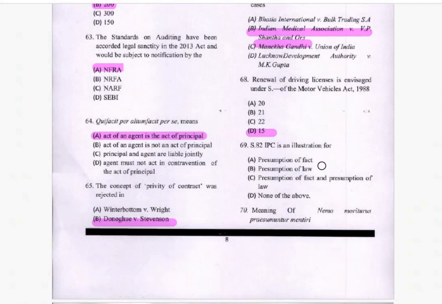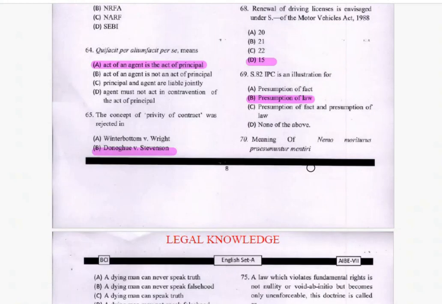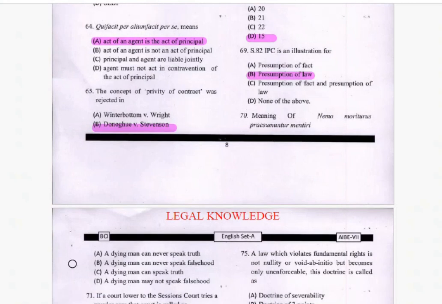Section 82 is an illustration of presumption of law. Meaning of nemo moriturus praesumitur mentiri. Pardon my pronunciation. The answer for 70 is a dying man may not speak falsehood.